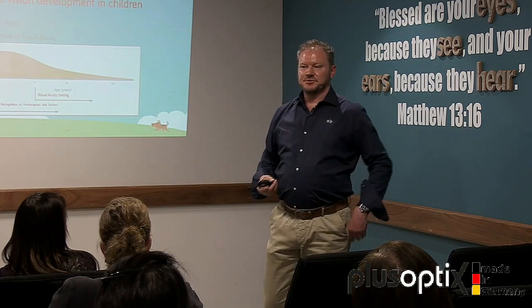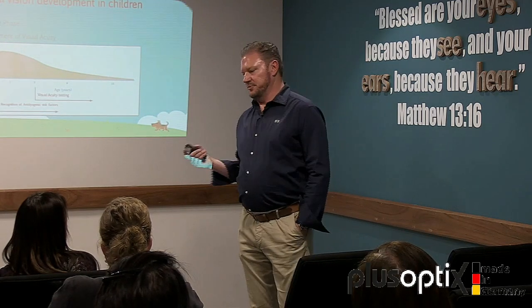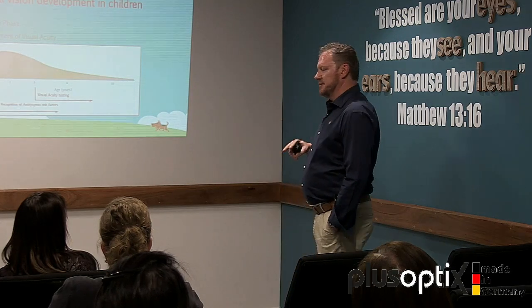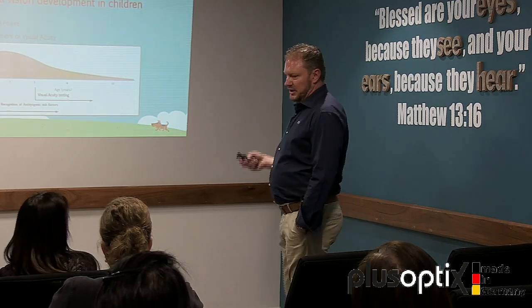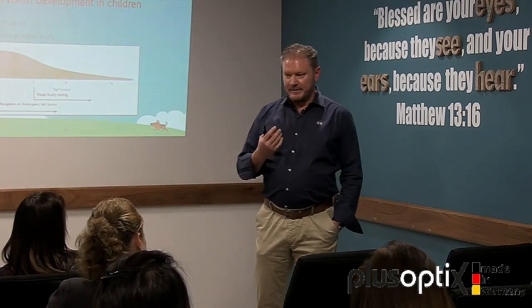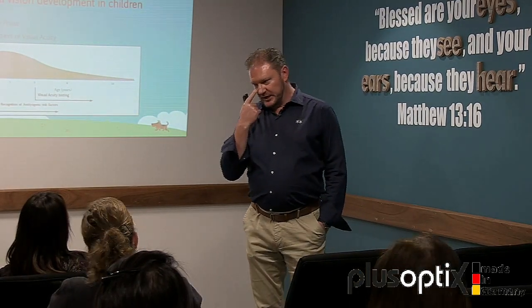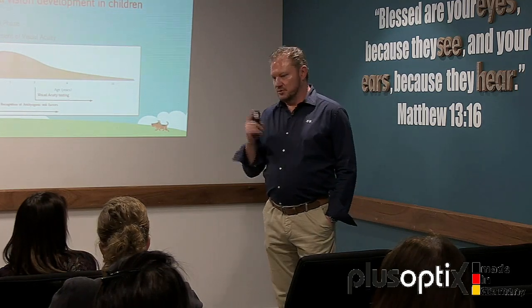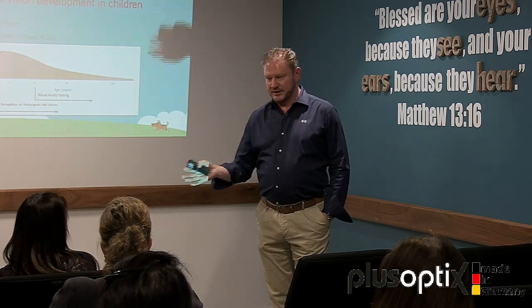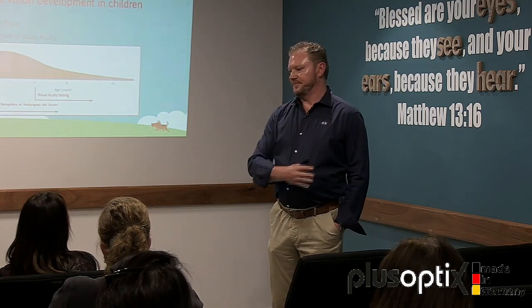Then the last concept is one of anisometropia. An means not, iso means the same. Metropia is the length of the eyeball, which means the refractive error or the number is different. If one is clear and the other one is blurry, you will pick the one that's clear and your brain ignores the one that's blurry.